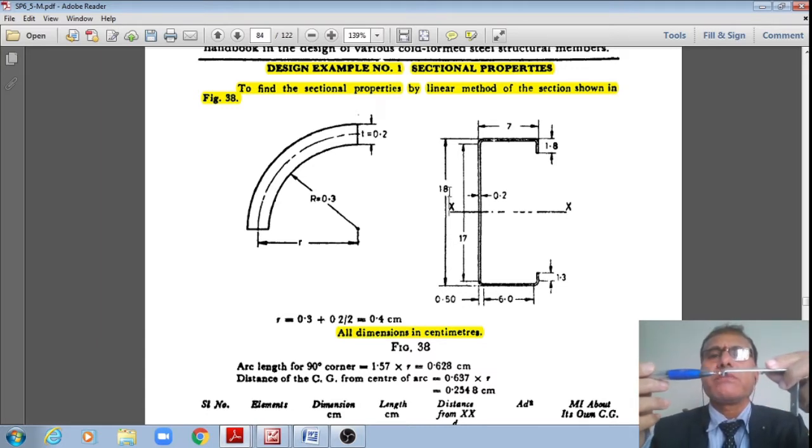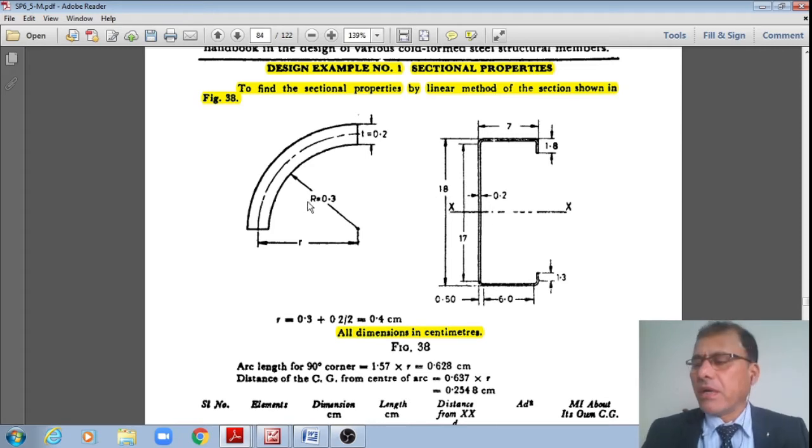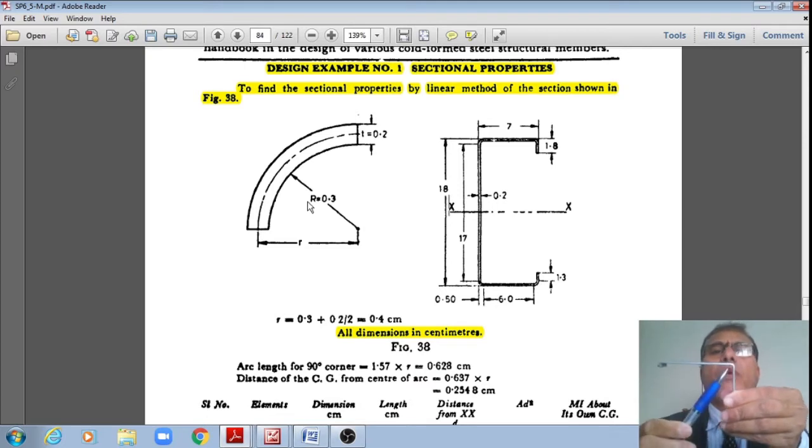As well as the thickness of this light gauge channel section is 0.2 centimeter. That is how the different dimensions are given, and the radius at curve is 0.3 centimeter, whereas its thickness is equal to 0.2.